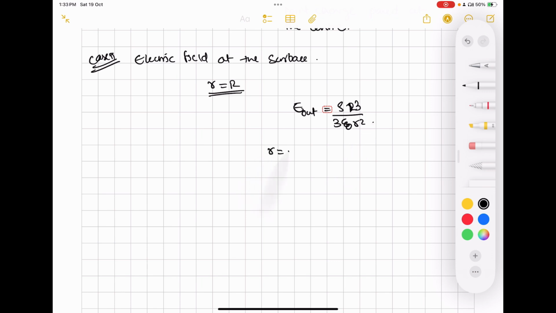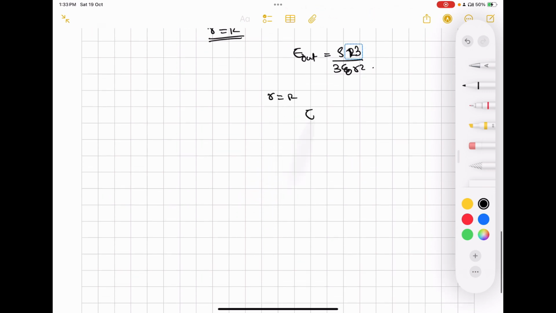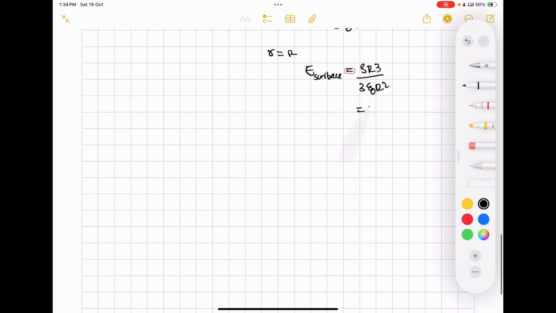If we substitute r equal to R, we will get E surface, which is equal to rho R cube divided by 3 epsilon 0 R square, that is equal to rho R divided by 3 epsilon 0. Electric field at the surface is equal to rho R by 3 epsilon 0.